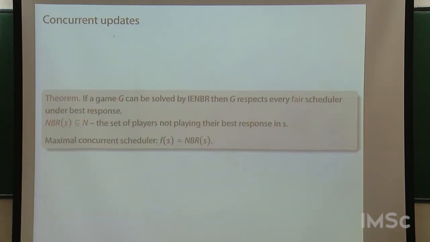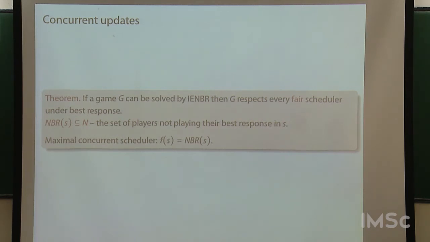So we had also mentioned concurrent updates. So this is a problem for FIP because even if a game has the finite improvement property, it may not converge with concurrent updates. But if a game can be solved by IENBR, then you don't really care. So you can allow players to update concurrently.